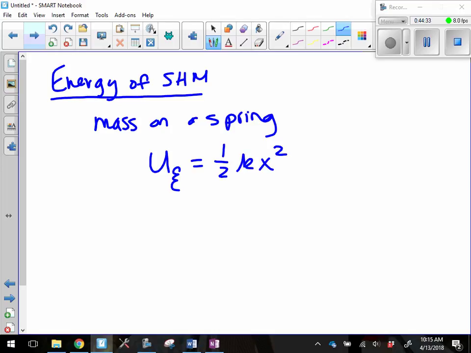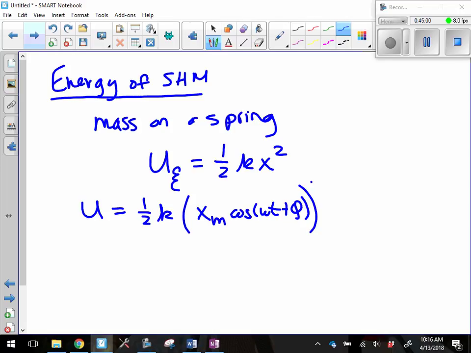Now, for a simple harmonic oscillator, x varies in a way that we understand and that we can model with an equation. So I could say that the potential energy is 1/2 k, and then remember, my x is x_m cosine(omega t plus phi), and that whole thing is squared.